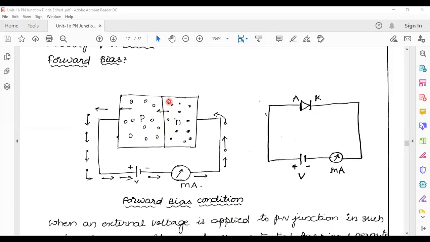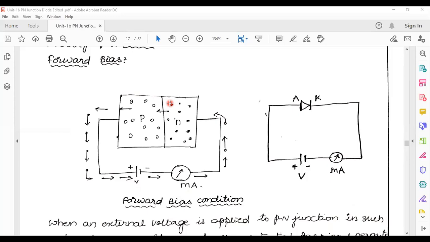That means the minimum amount of voltage, 0.3 volt for germanium and 0.7 volt for silicon, applied to this p-n junction diode makes the flow of current keep increasing. From the graph we can analyze this. Let us increase the voltage in a stepwise manner. Initially the voltage is 0 and there is no flow of current.